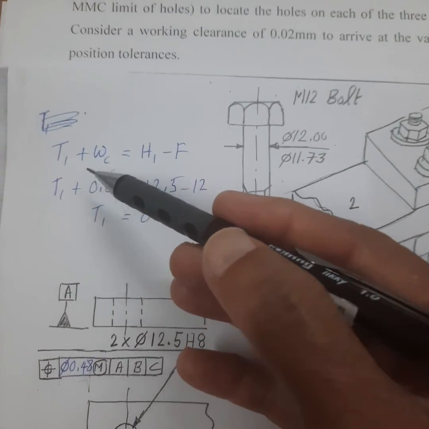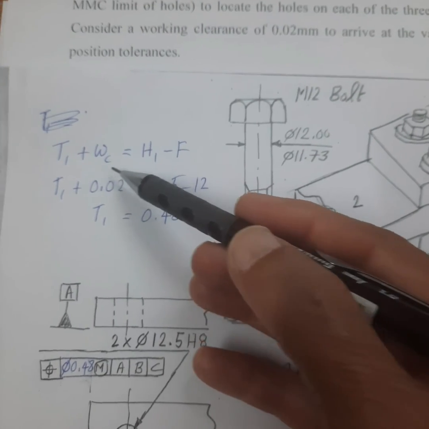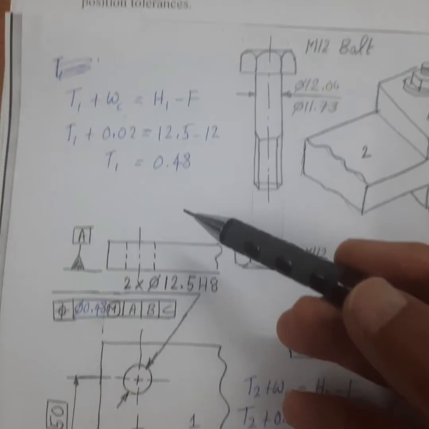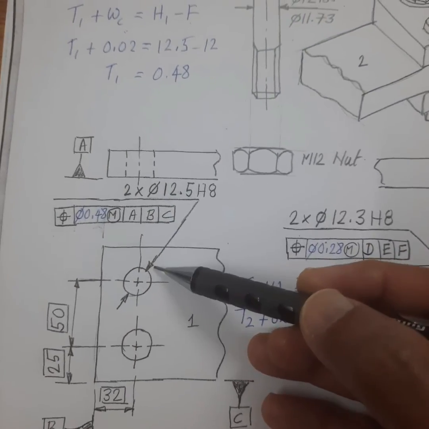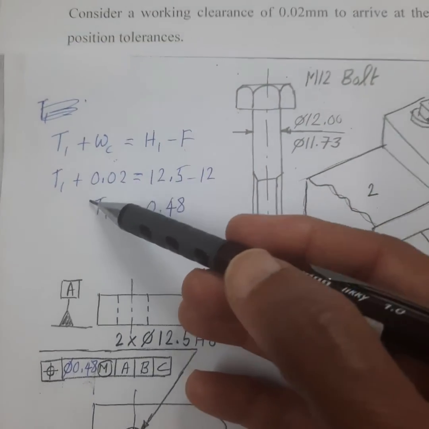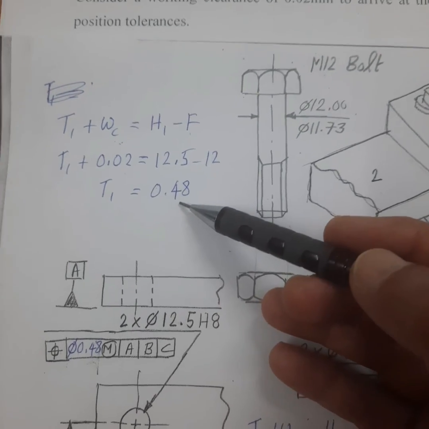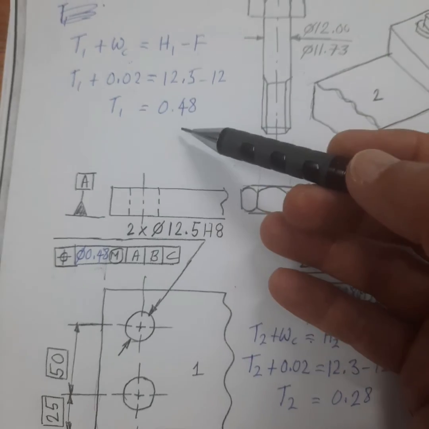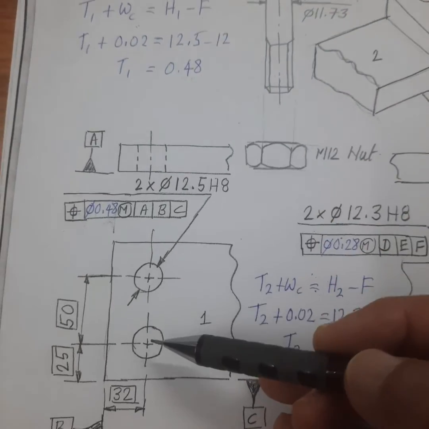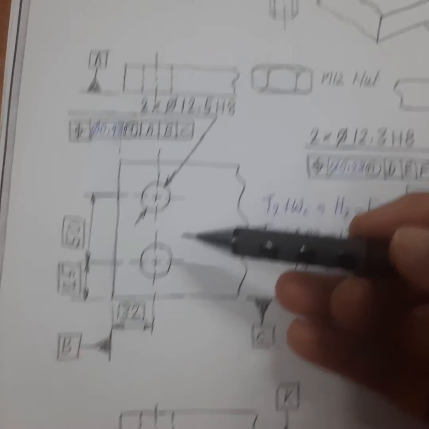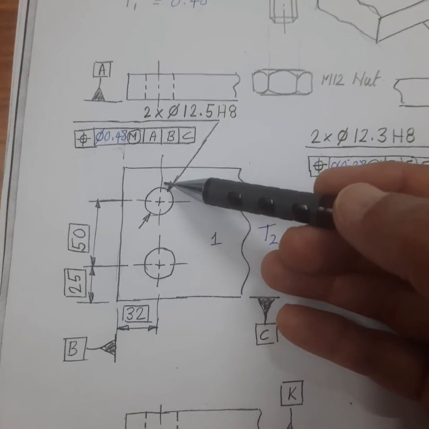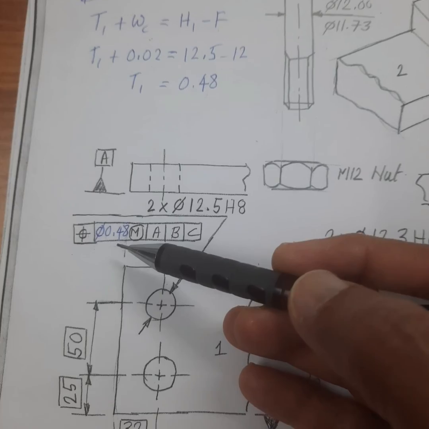T1 plus working clearance is equal to H1 minus F to find the position tolerance on plate 1. So it is arrived as 0.48. Considering a working clearance of 0.02, the position tolerance for locating the hole on plate 1 is found to be 0.48.